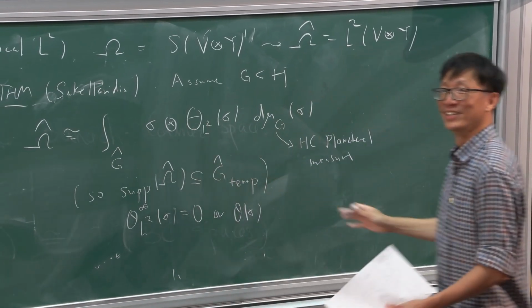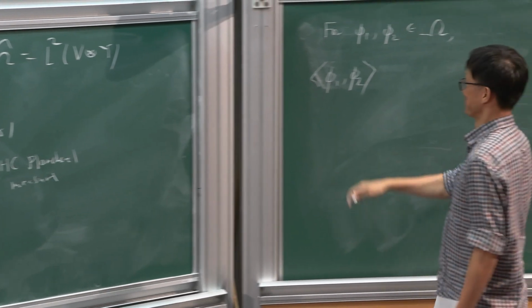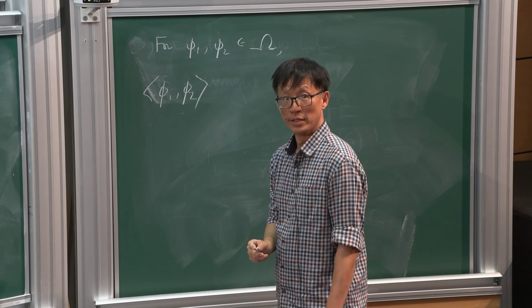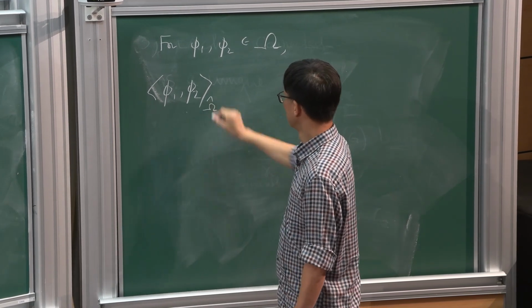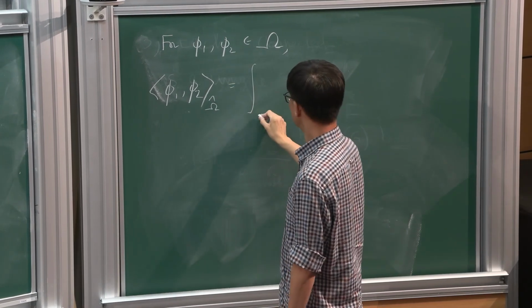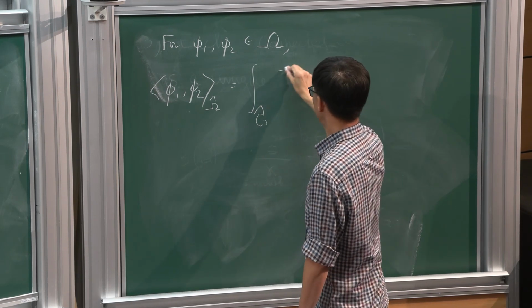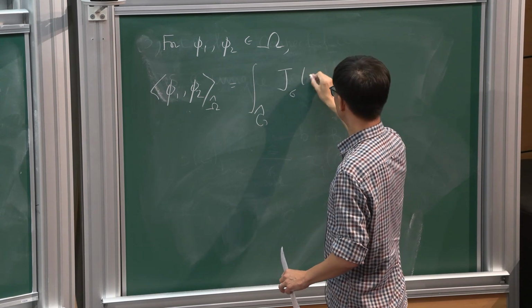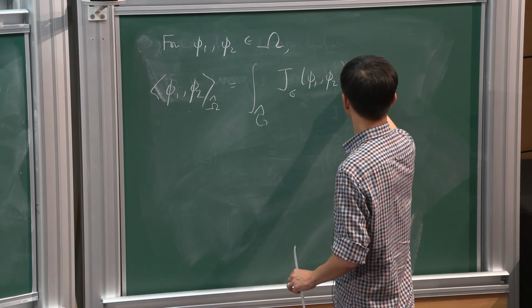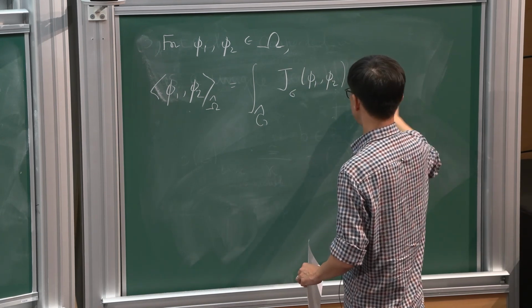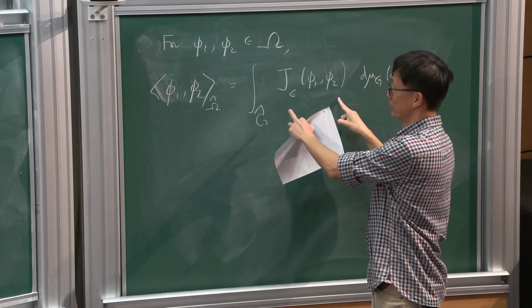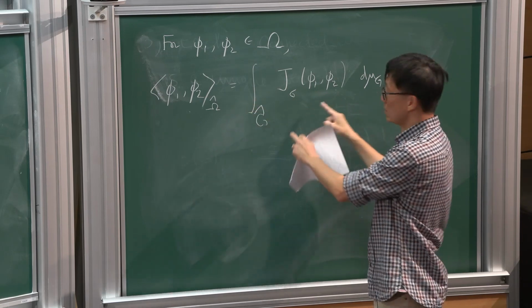A concrete way of understanding this is to say that you give a spectral decomposition of the inner product. Then there will be this so-called relative character that would appear. This is the Harish-Chandra Plancherel measure. There will be this sigma component of this inner product.